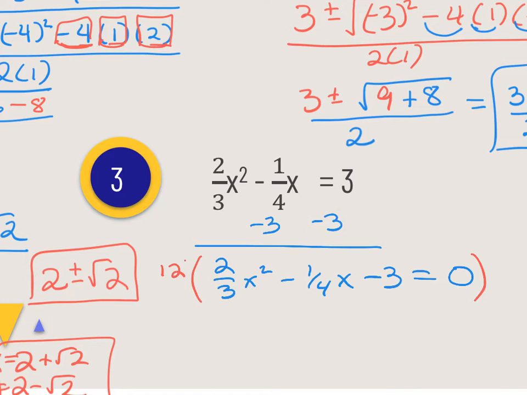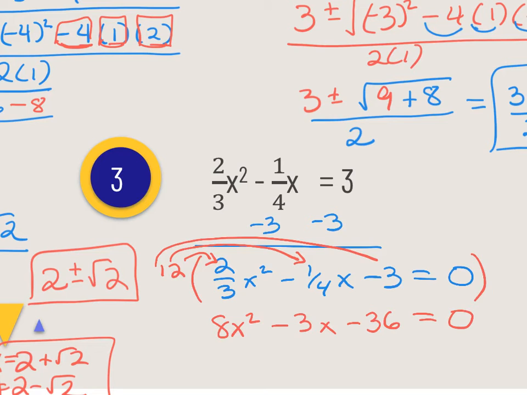So when I distribute it to the x squared term, this gives me 8x squared. When I distribute it to -1/4 x, this gives me -3x. When I distribute it to -3, this gives me -36. And when I distribute it to 0, it just stays a 0.